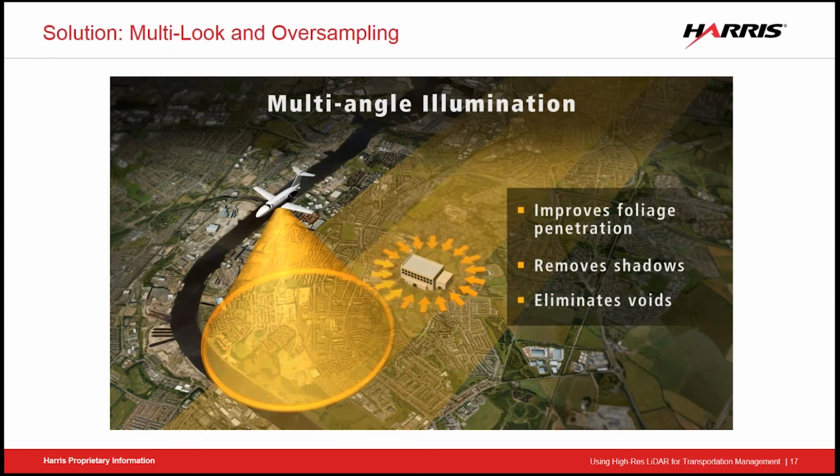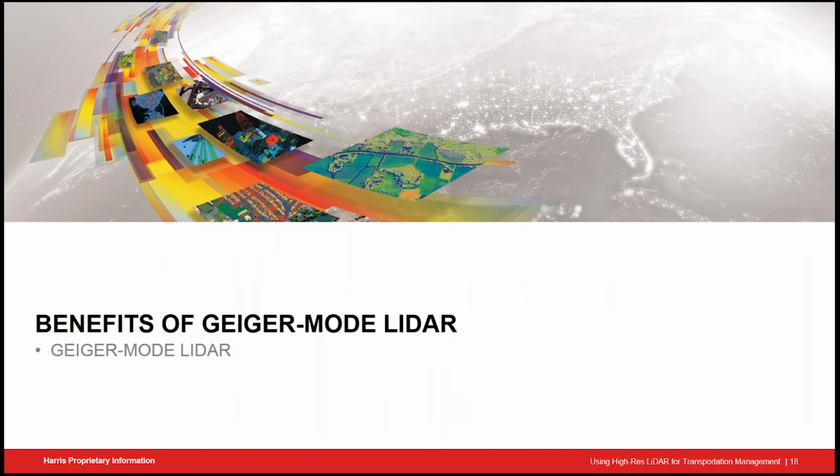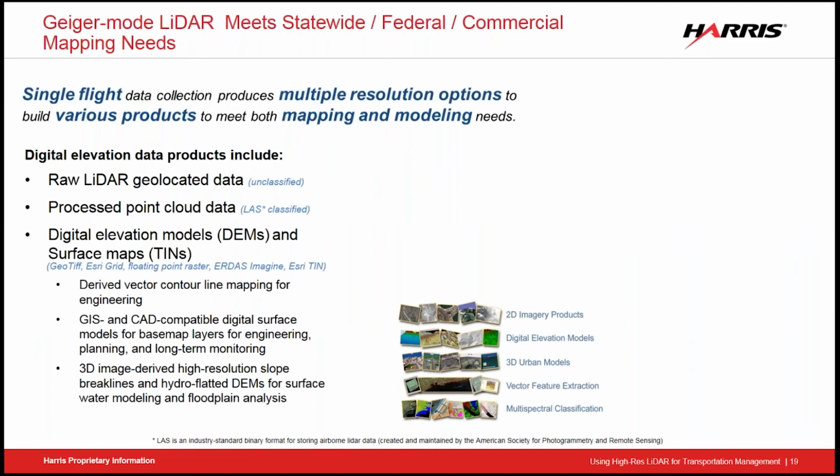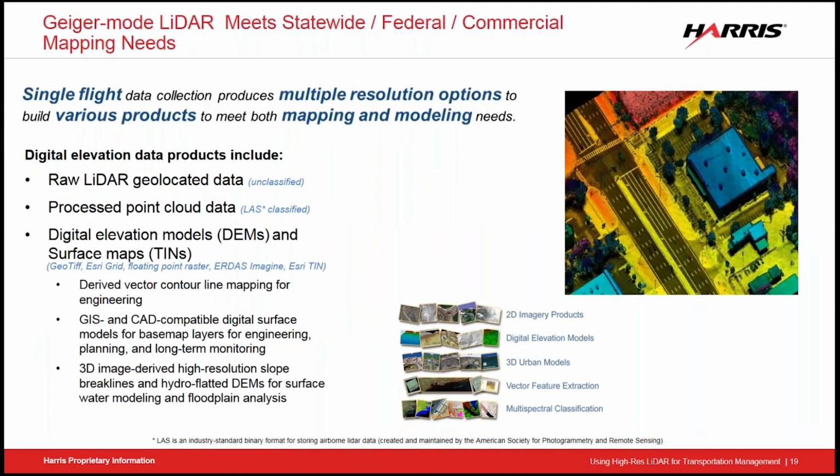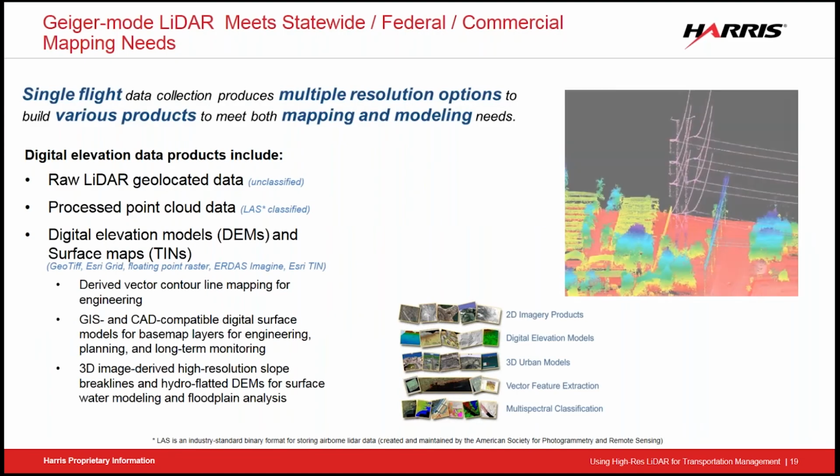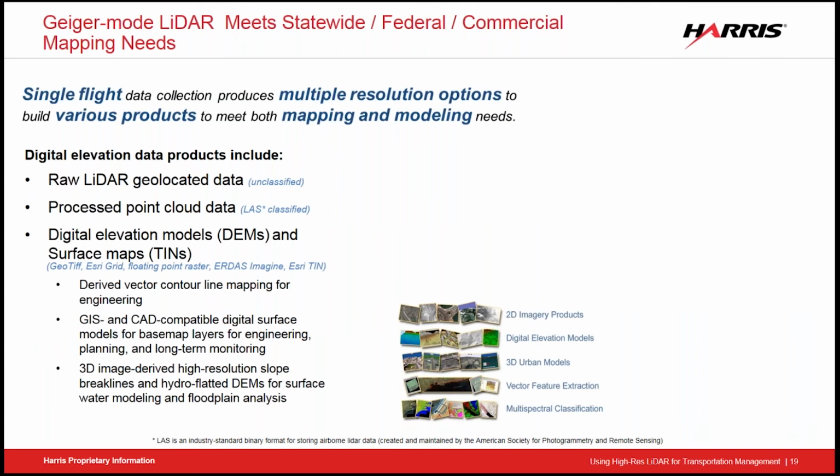Some of the other benefits, and we found this to be the case with a lot of the opportunities and customers we're dealing with, is that it meets a variety of different customer needs. So again, a single flight of collection for multiple different resolution options.